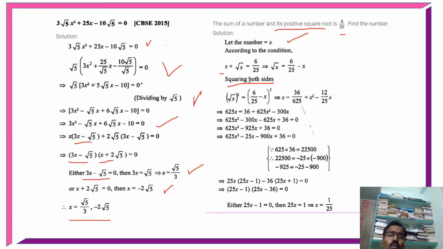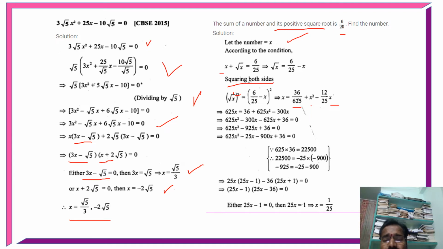So we have (root x) whole square equal to (6/25 - x) whole square. (Root x) whole square means the square root cancels, students. Then we have x equal to, in the form (a - b) whole square, a square plus b square minus 2ab. A square means (6/25) whole square: 6 square is 36, 25 square is 625.